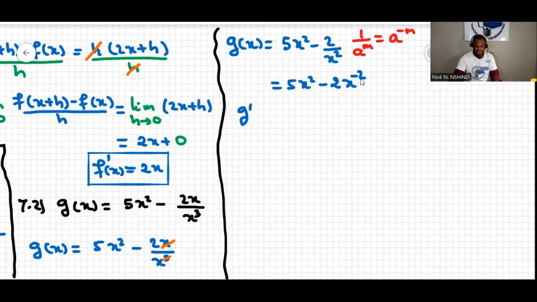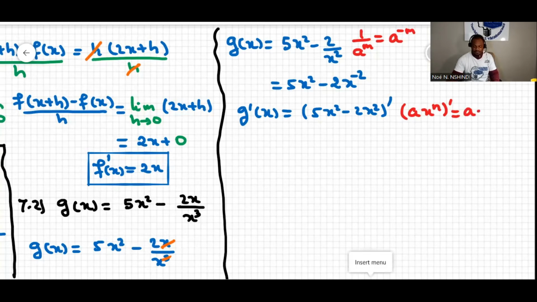So g prime of x will be the derivative of 5x squared minus 2x to the negative 2. If you have a x to the power of n, the derivative is n times a times x to the power of n minus 1.